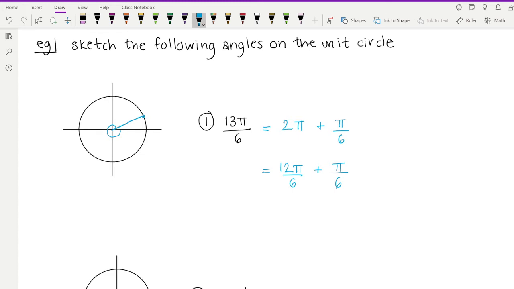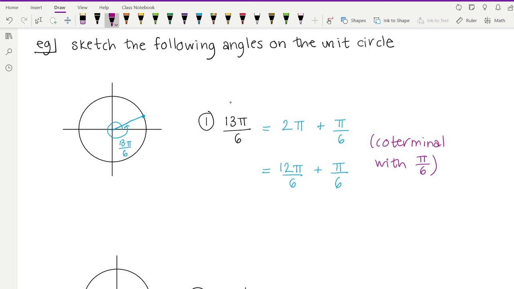And so let me actually redraw the arrow here to make this a little clearer. So this angle is going to be going all the way around like this and then coming back to pi over 6. So just to remind you of some vocabulary that we introduced in a previous video, this angle we would say is coterminal with pi over 6, meaning that even though it's not technically the same angle, it really looks like the same angle.